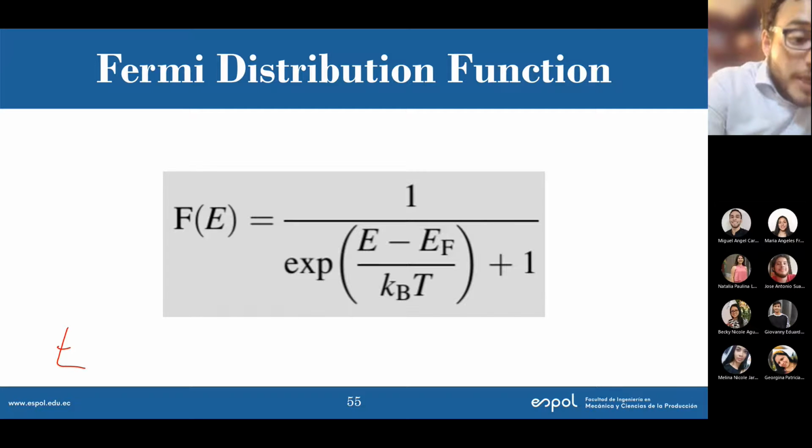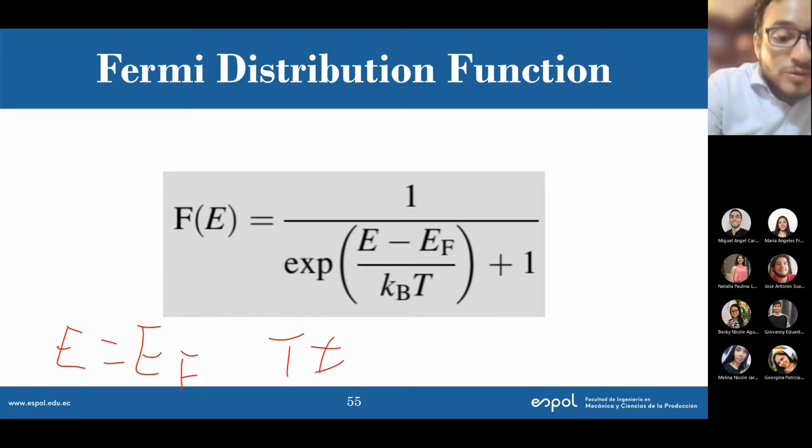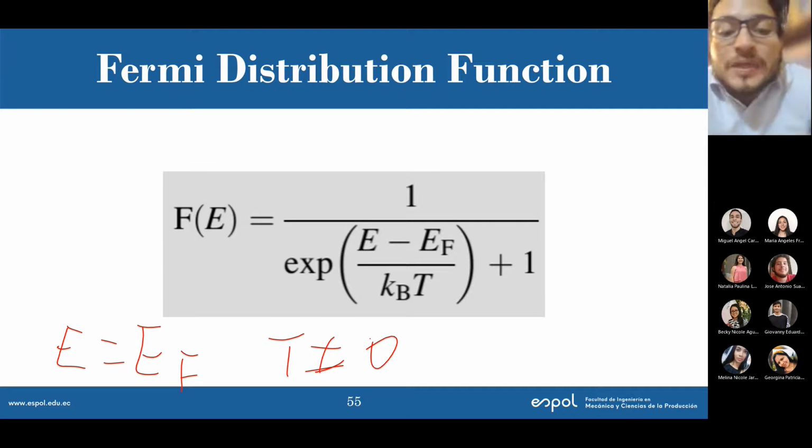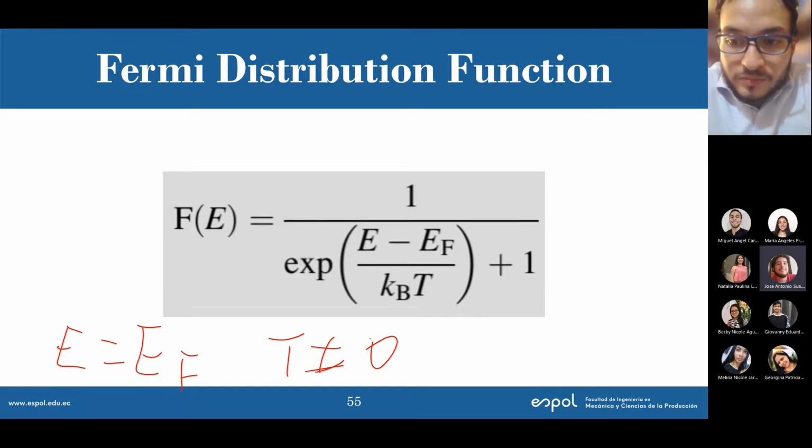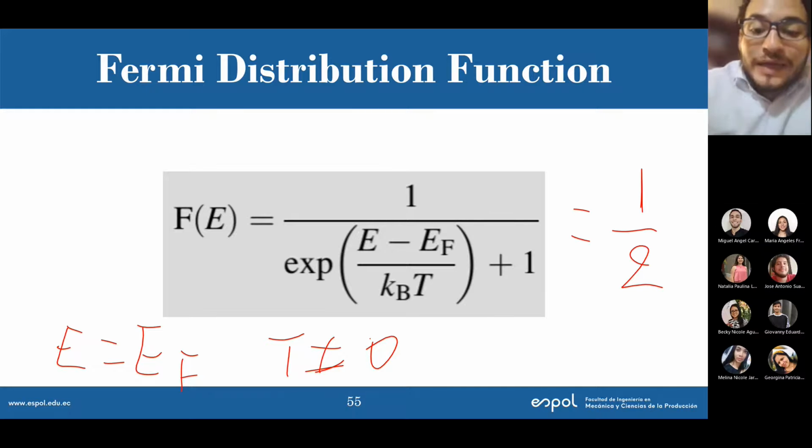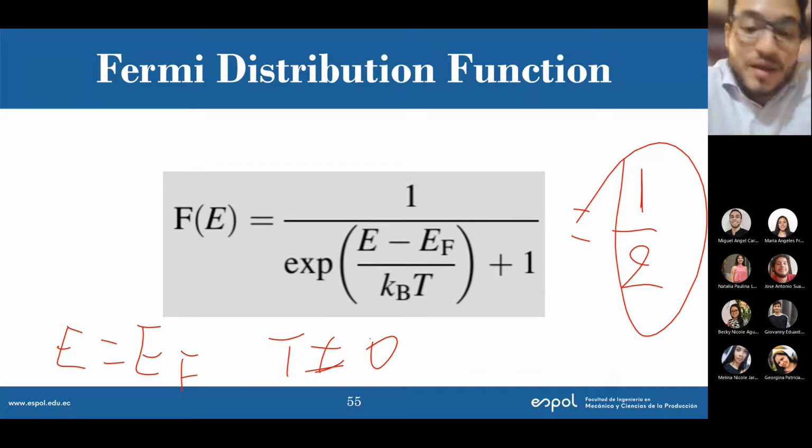So E equals EF, T is not equal to 0. What's happening when that occurs, guys? What happens with the function? We have a half probability. Yes, and so what Miguel was asking, we have a half probability, and so they said, okay, that is the Fermi energy.